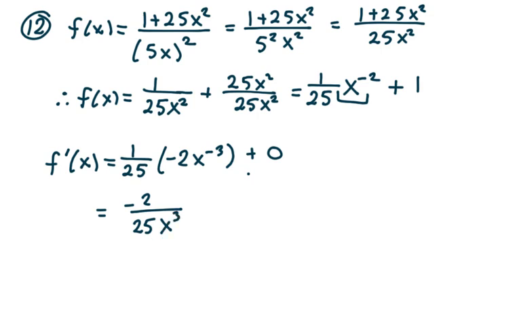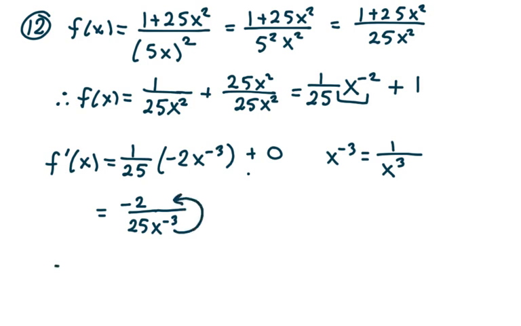right? Because remember, x to the negative 3 is 1 over x cubed. Here, let me back up one step. Let's back up. So are we in agreement that this is negative 2 over 25x to the negative 3? And what I want to do is I want to move that x to the negative 3 up in front.